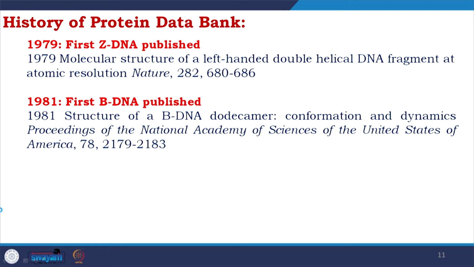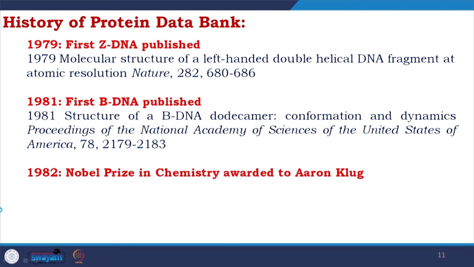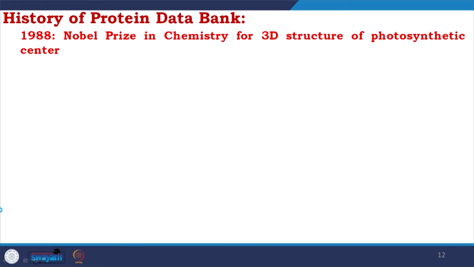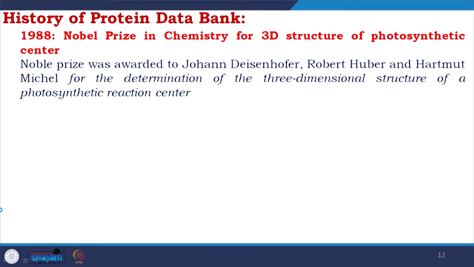1982, Nobel Prize in Chemistry awarded to Aaron Klug. The prize was awarded for his development of crystallographic electron microscopy and his structural elucidation of biologically important nucleic acid-protein complexes. In 1988, Nobel Prize in Chemistry again for the 3D structure of the photosynthetic center. A lot of structural biologists got the Nobel Prize, we have discussed.